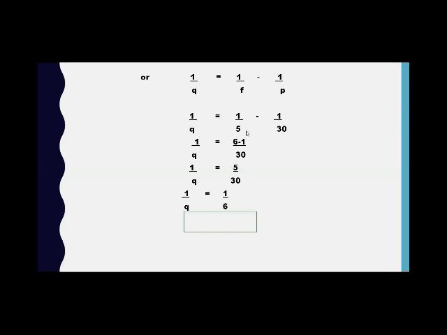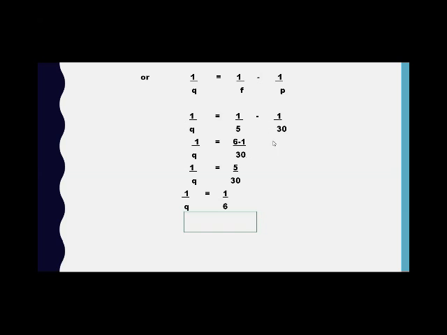But according to mathematics, if we are doing the operation at the denominator, we have to do the same for the numerator. So if we multiply 5 by 6, we must also multiply 1 by 6. So 6 ones are 6, and 6 fives are 30, which will match this 30.